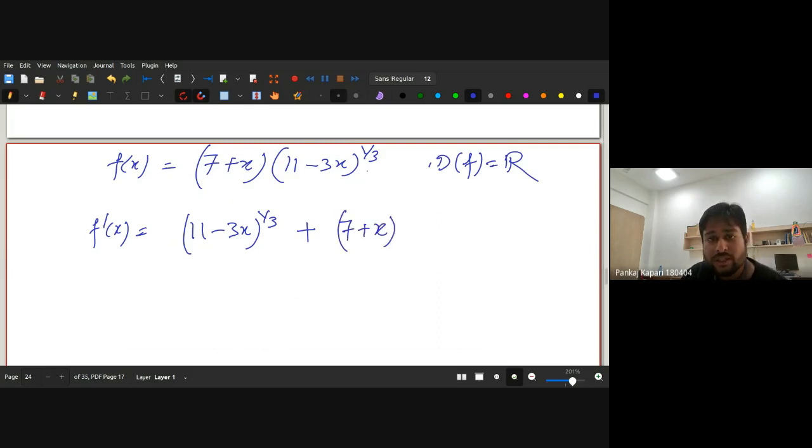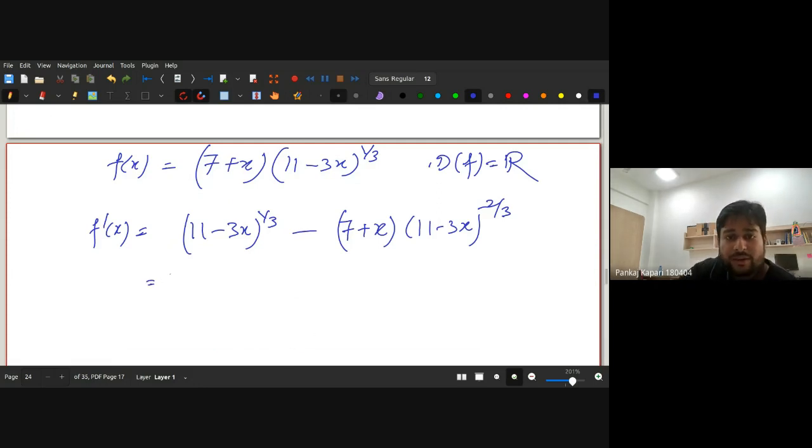Differentiating the power function with the chain rule, you will have 1/3, and then the power will be minus 2/3. Then differentiate 11 minus 3x, which gives minus 3. That will cancel with the 1/3, and you will have only this much minus this.